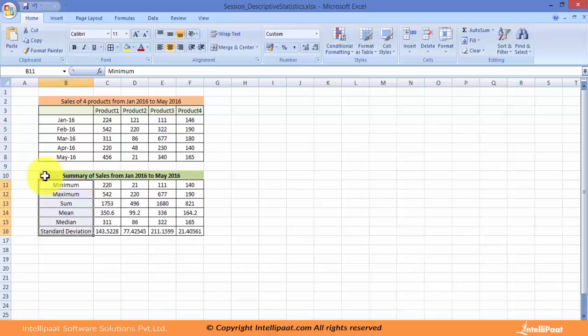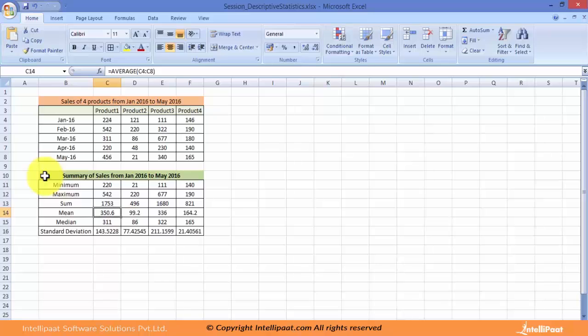What is the minimum number of sales that happened? 220. What is the maximum number of sales? 542. What is the sum of the total sales? In the time period of this data that I collected, for product 1 the total sales that happened is 1753. And also the mean. What is the mean?